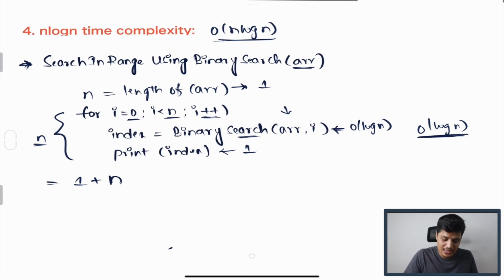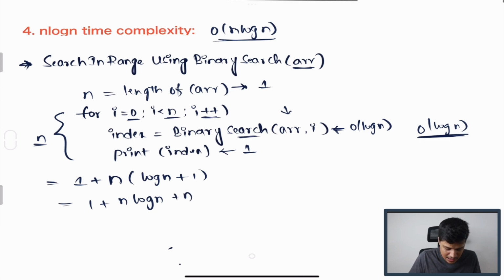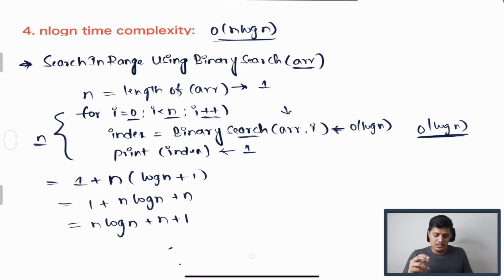Whatever the internal lines of code that are getting executed and taking time will be log n plus 1. So the overall time complexity will be 1 plus n times log n plus 1, which is n log n plus n plus 1. Here the lower order terms are n and 1, that's why we will neglect them. As a result, the overall time complexity will be n log n.